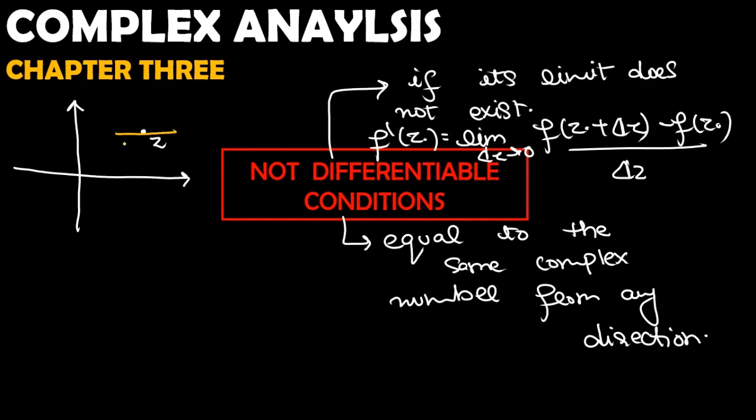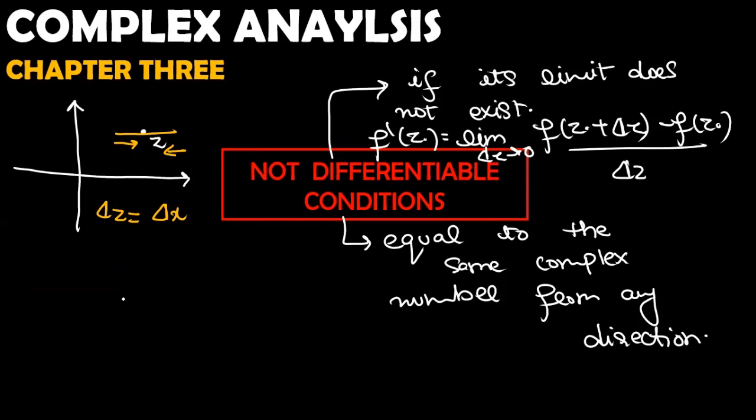For example, we check whether the function is differentiable from this side or from this side, where delta z is equal to delta x on the real line. Then any line parallel to our real line, f of z should approach the same number from the right side or from the left side.